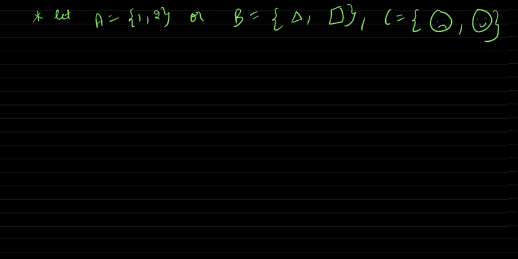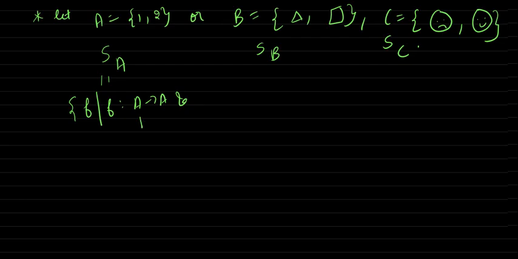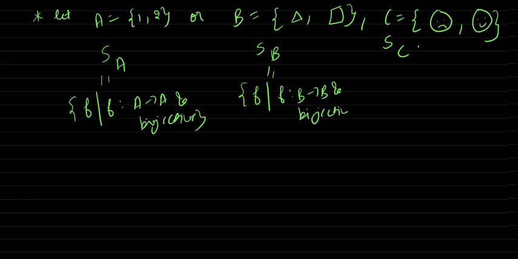Then we have S_A, S_B, and also S_C. Now S_A is those functions which are from A to A and bijective. Similarly, S_B is all those functions on B which are bijective, and same for C.